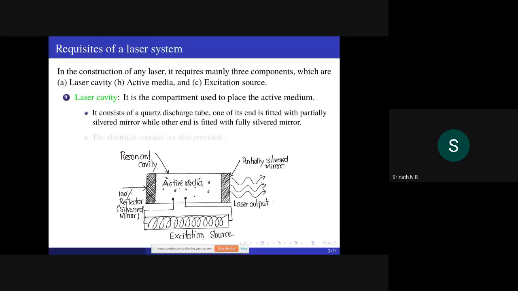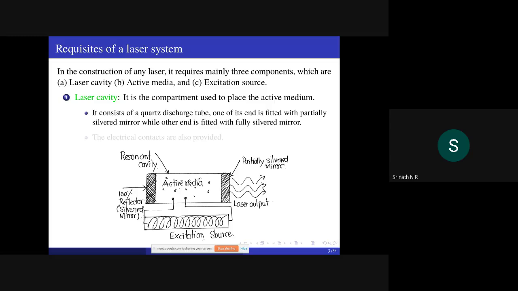Requisites of a laser system. As we know, in the construction of any laser, it requires mainly three components, which are laser cavity, active medium, and excitation source. Laser cavity is a compartment used to place the active medium. It consists of a quartz discharge tube.